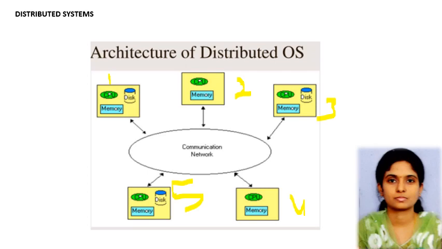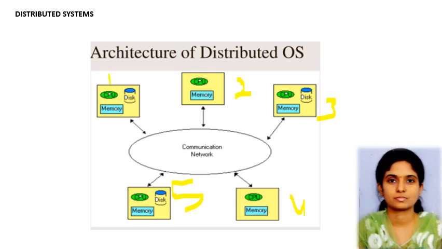I mean, a single client and single server only will not be the case. One client can connect to the server at a time, but the server can provide the services to different clients at the same time. And this client server system is also referred to as tightly coupled operating system.